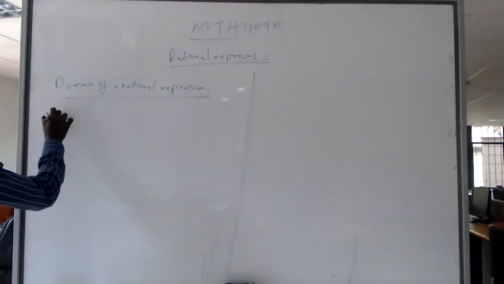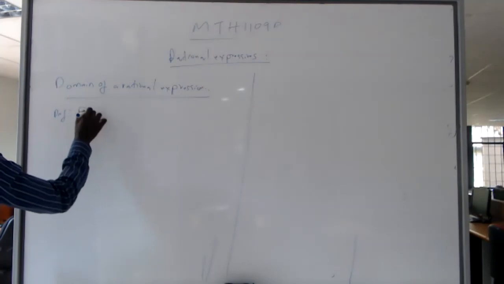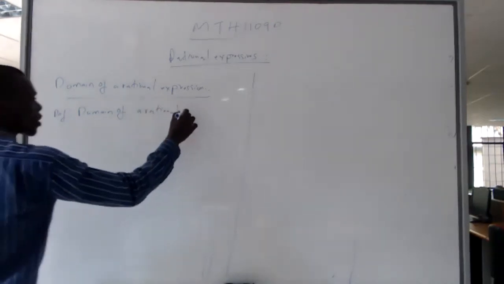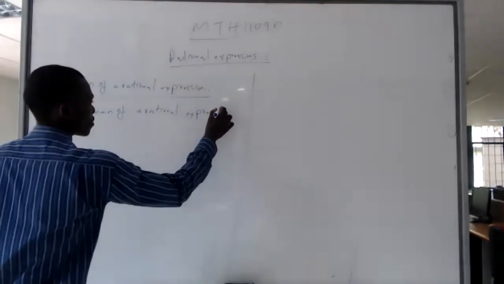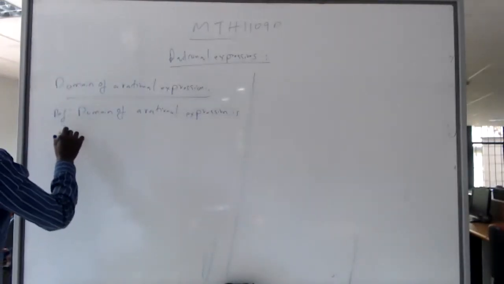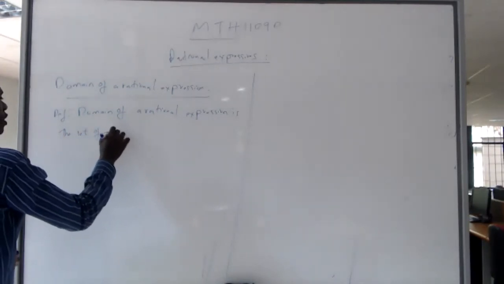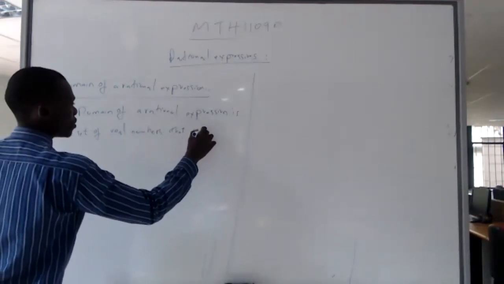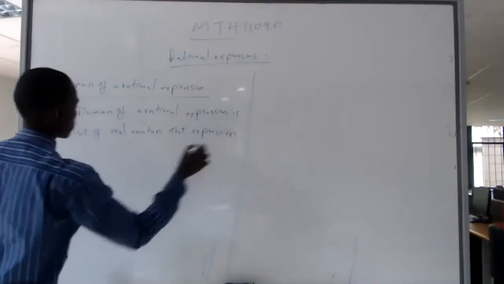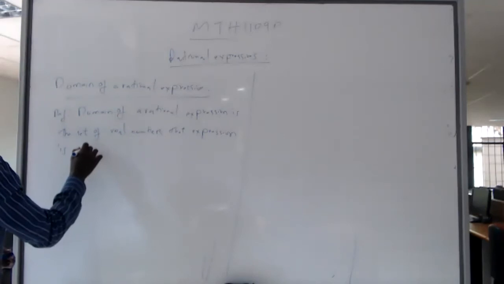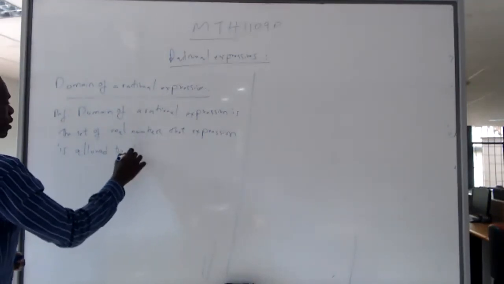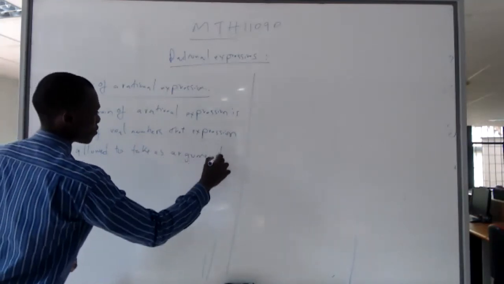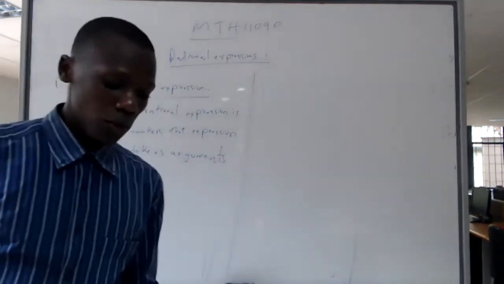So the definition: the domain of a rational expression is the set of real numbers the expression is allowed to take as arguments, or just say the set of real numbers for which the expression makes sense.